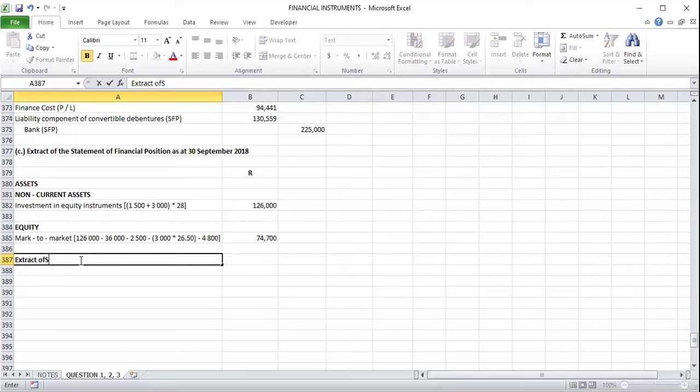Whilst they are confirming, let me also conclude the other part. That one was the first part. Then they also said extract of statement of profit or loss and other comprehensive income.